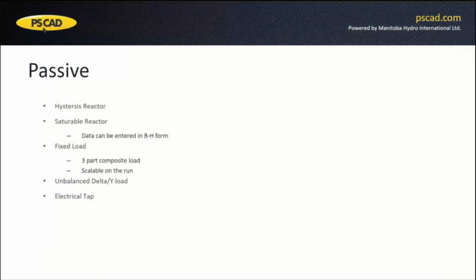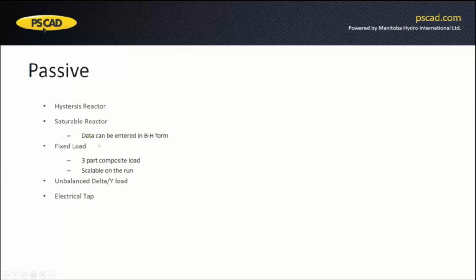So next, I would like to show new passive elements that we changed and new ones. There's a new hysteresis reactor model. You can choose the basic hysteresis or the Jiles-Atherton hysteresis on the hysteresis reactor model.